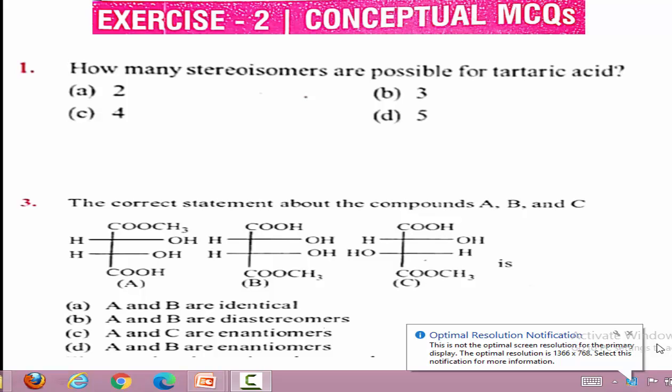In that, the first one: how many stereoisomers are possible for tartaric acid? Students, we already know what stereoisomers are. These are compounds having the same molecular formula but a different spatial arrangement of atoms. Is it right? Yes. While answering this question, first you must know the tartaric acid structure.